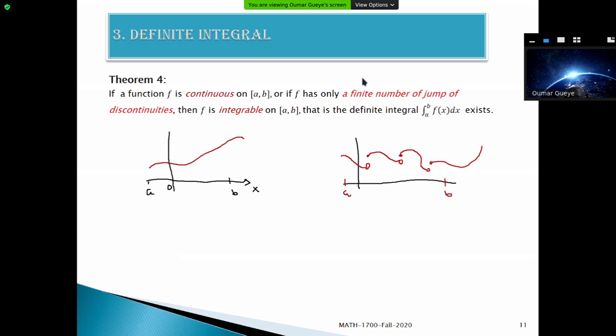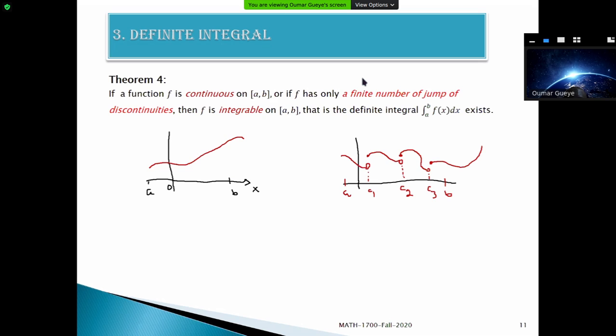You can see this function is not continuous at this point, I'm going to call it C1. The second point where it is not continuous, I'm going to call it C2. And the third point where it's not continuous, I'm going to call it C3.